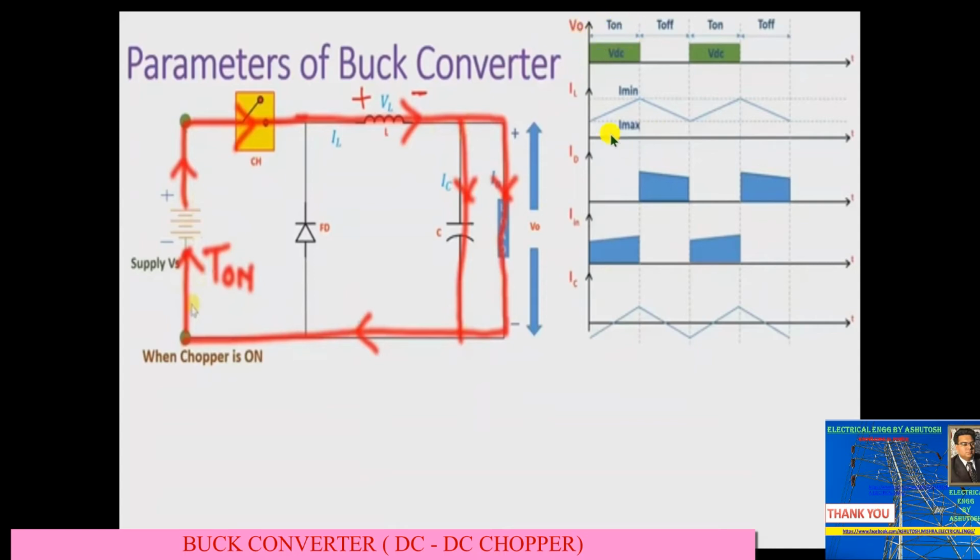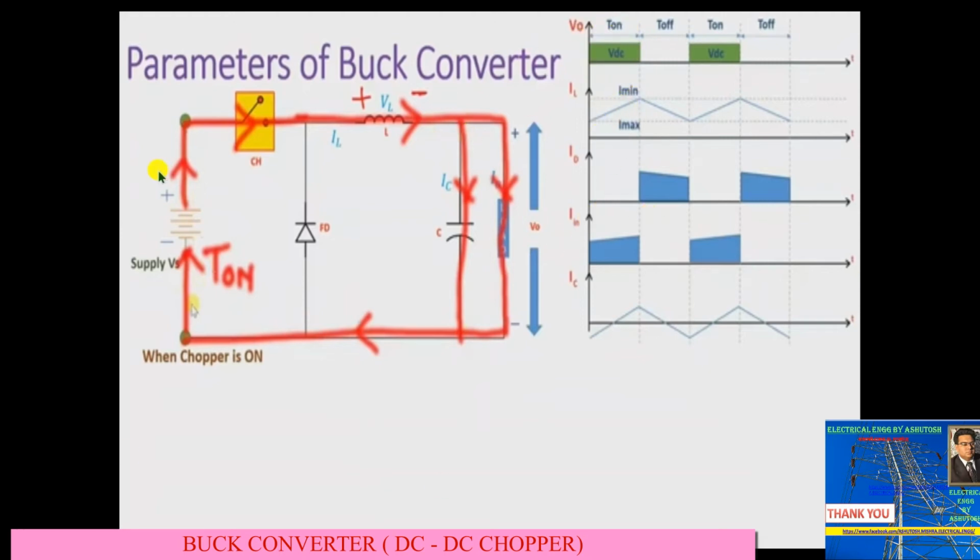And then what happens: inductive current rises from minimum to maximum during this T on period.